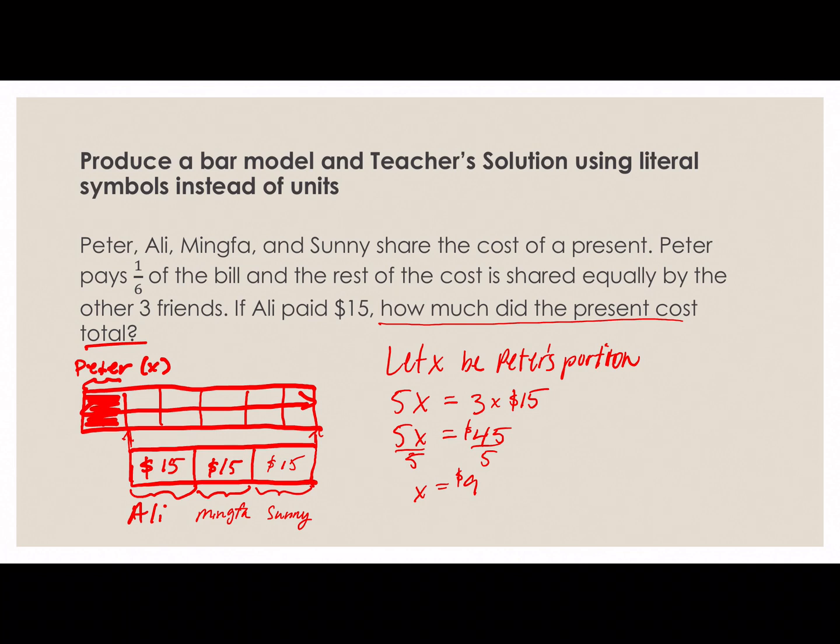So I'm breaking down my 5x, and I need to build up to 6x. So go ahead and multiply by 6 to get up to my 6x. Okay, so we have 6x is $54, so that means that the cost of the present is $54.